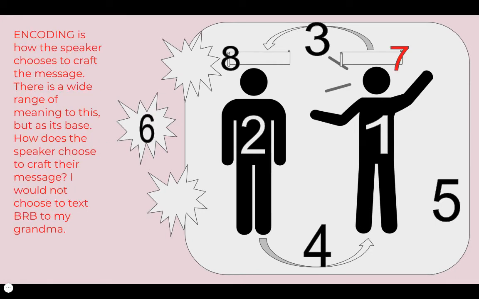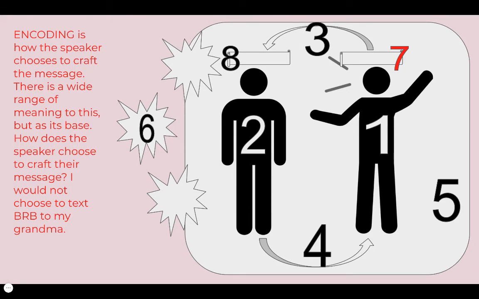Number 7 and number 8 are similar. Number 7 is encoding. This is how you choose to tailor your message for the listener that you are talking to. My example that I always use is that I would never choose to, number 1, text my grandma because she doesn't know how to.